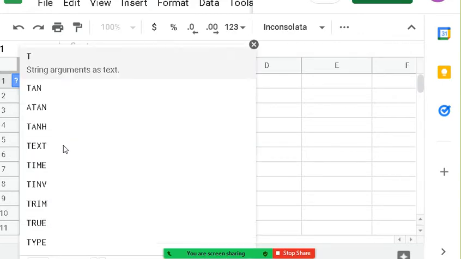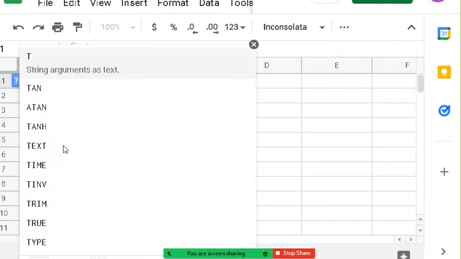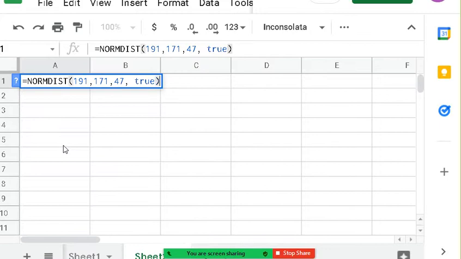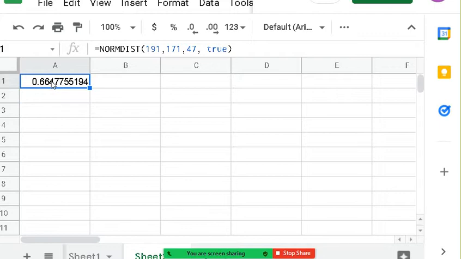True. Excellent. Bam. And so I get 0.66477, etc. And let me click back up here just to show people that command. So it's norm distribution, 191, 171, 47, and true.